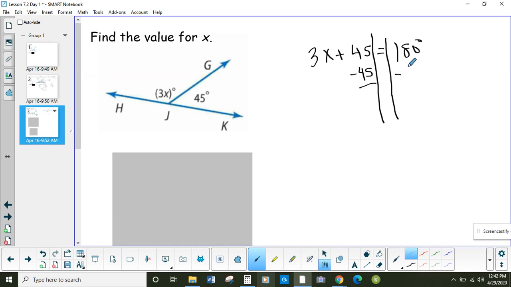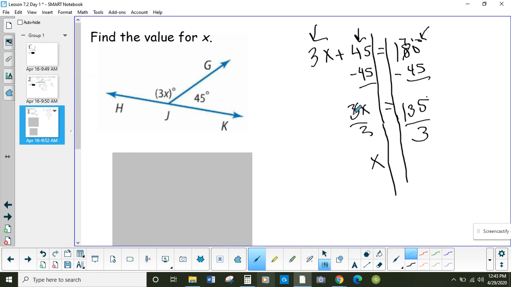So how do we figure out what x is? We solve the equation. We isolate the variable. We work farthest away first, not closest away first. And then I'll go ahead and subtract these two here. That's a degree symbol. So 10 take away 5 is 5. And 3x equals 135. Divide both sides by 3.